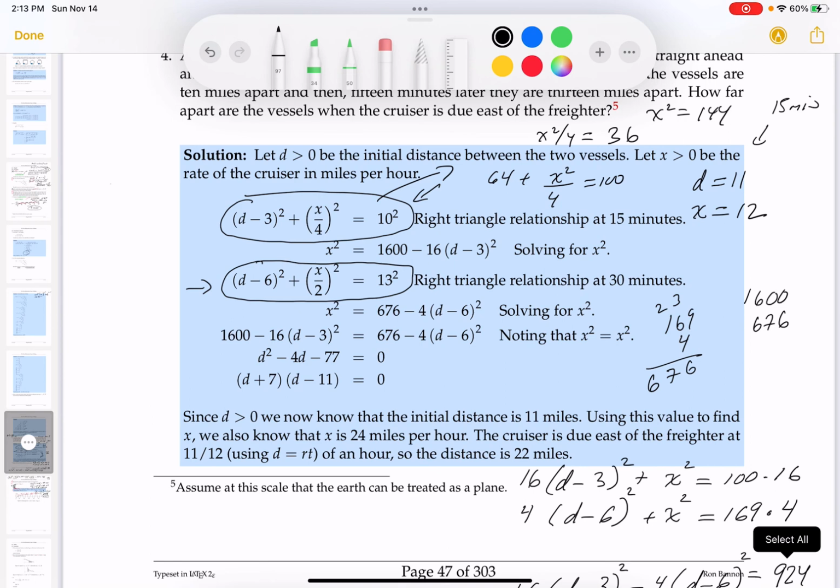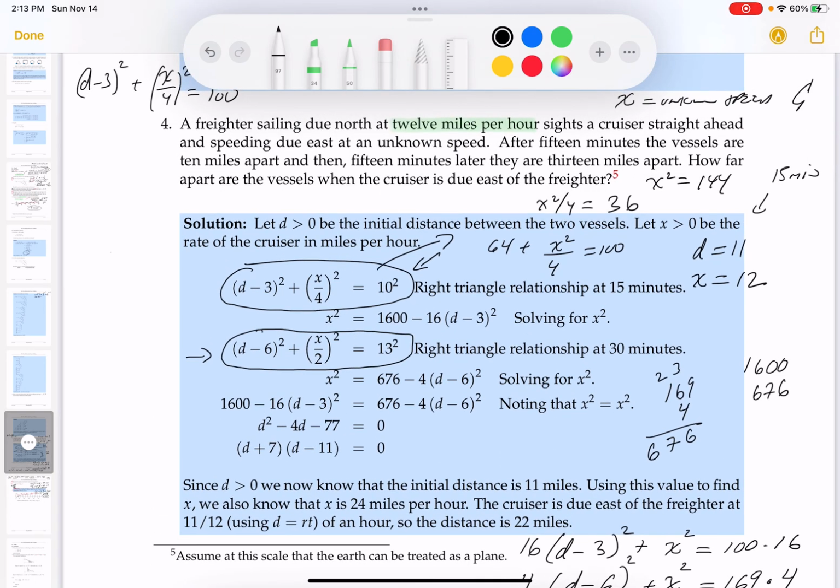All right? So someone says, what's the question? And I'll read it to you. How far apart are the vessels when the cruiser is due east of the freighter? So let's figure out the time, first of all, how long it took to get this to happen. And remember that D is 11, and that means 11 miles. And the rate of this guy going this D distance is 12 miles an hour.